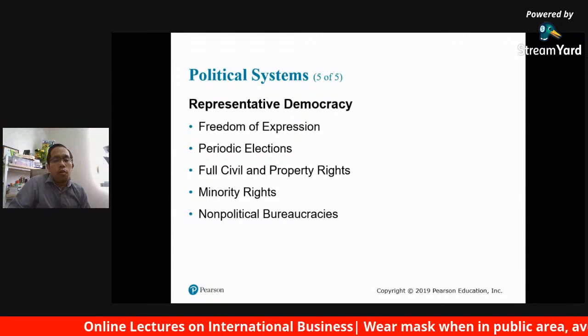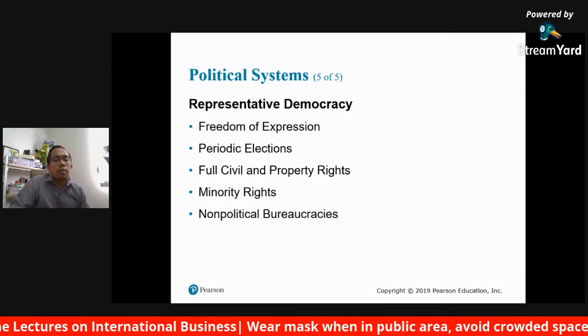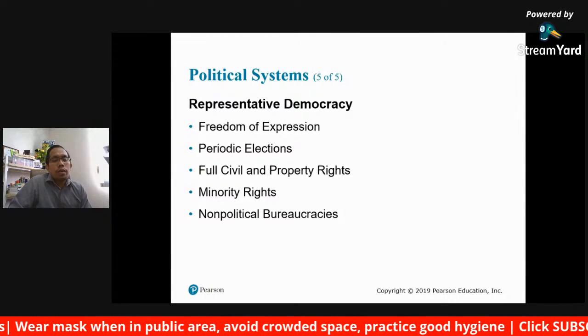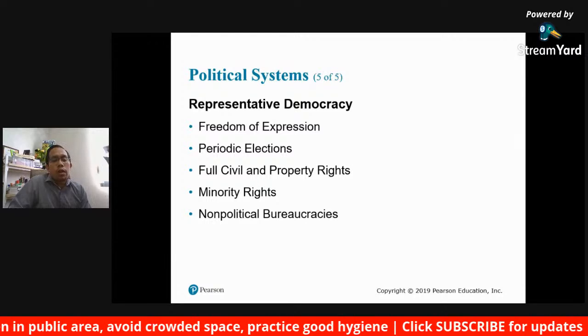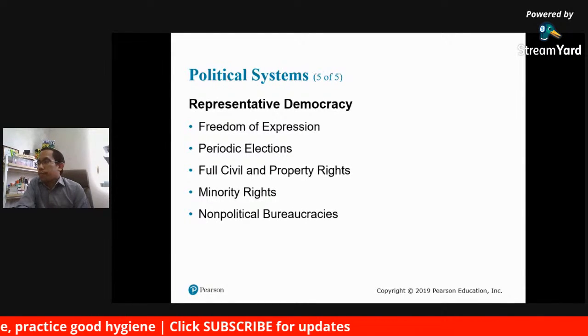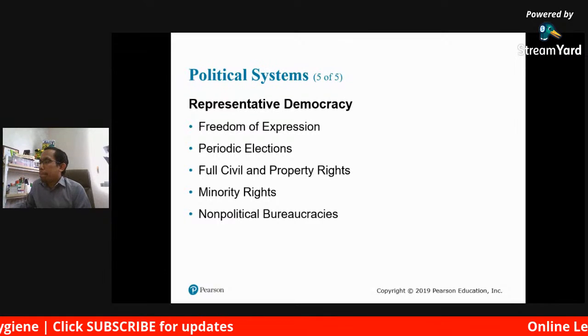This type of political system can also protect minority rights and non-political bureaucracies.